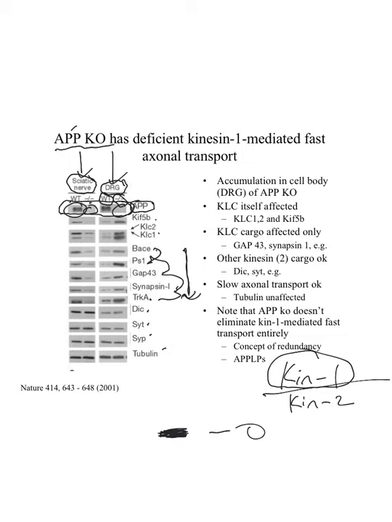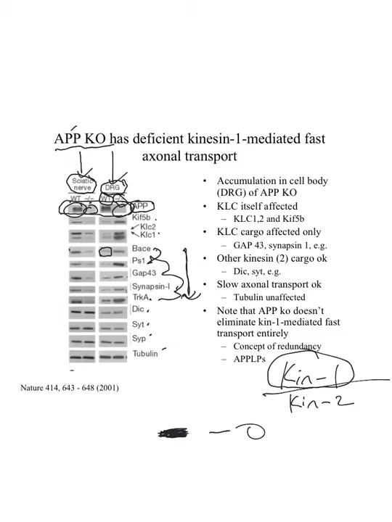Let's first look in the soma of the wild type animal and compare that to what's going on in the nerve of the wild type animal. I'm just going to choose BACE, we could do any of them. So for BACE, that's the cargo protein, there's a tiny signal in the wild type soma.